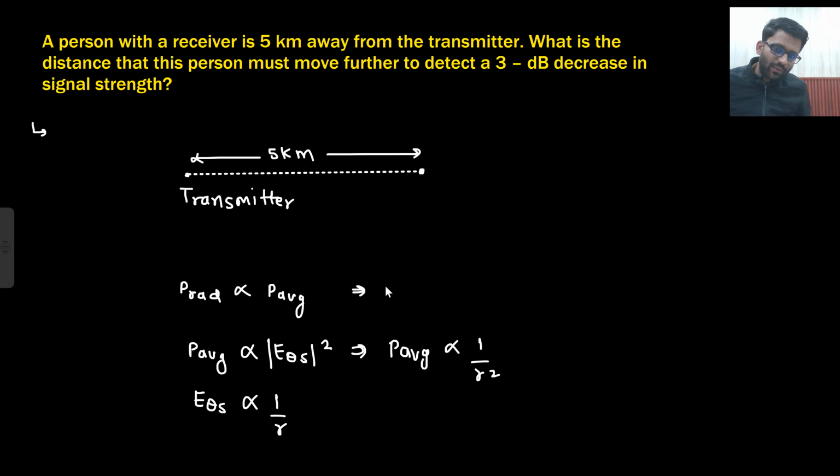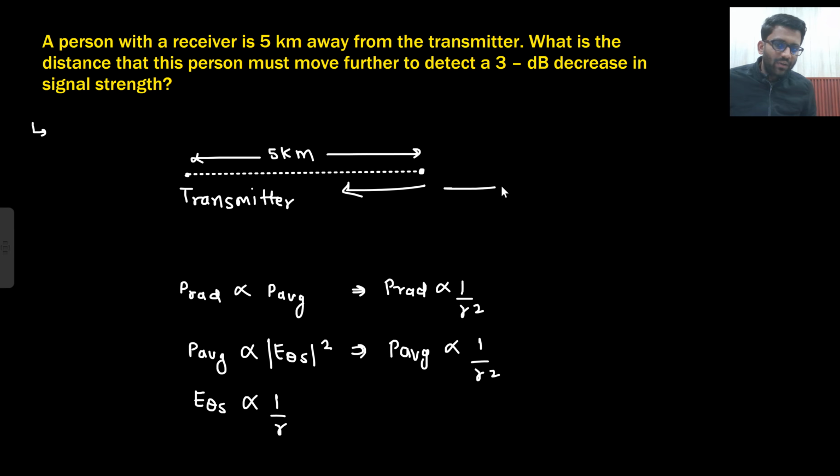Then your power radiated will be proportional to 1 by r square. So as the distance increases, my power reduces. At r equals 0, you will have the maximum power, and as the distance keeps on increasing, the power will keep on decreasing. Now what they are saying, how much distance the person needs to go.